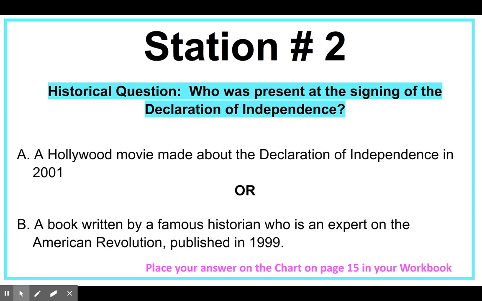So stop the recording here and fill out your second chart on page 15. The sources: source A is a movie, and source B is the book. All right, so fill that out and press play when you're ready to talk about it.